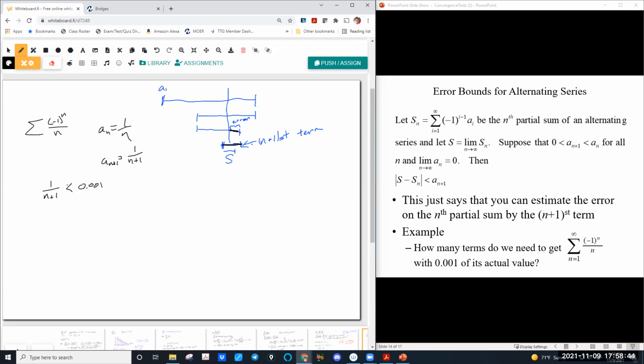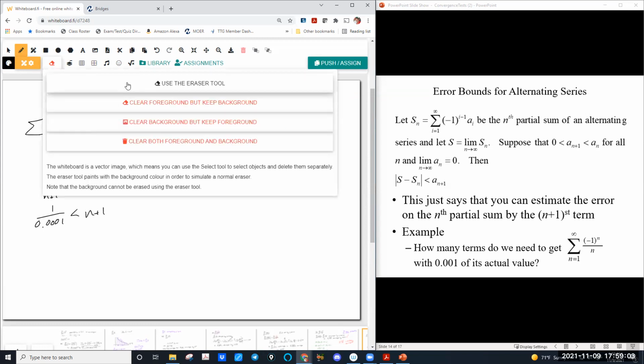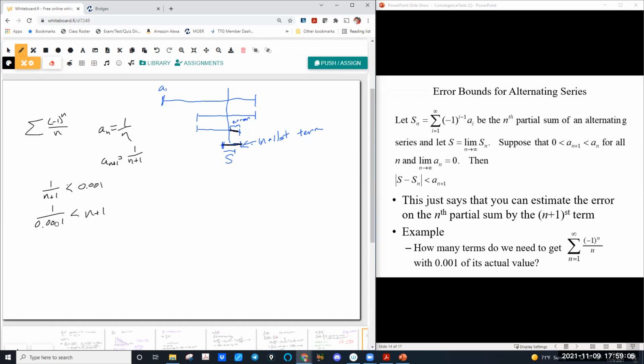So we have 1 over n plus 1 less than 0.001, which is 1 over 1,000.